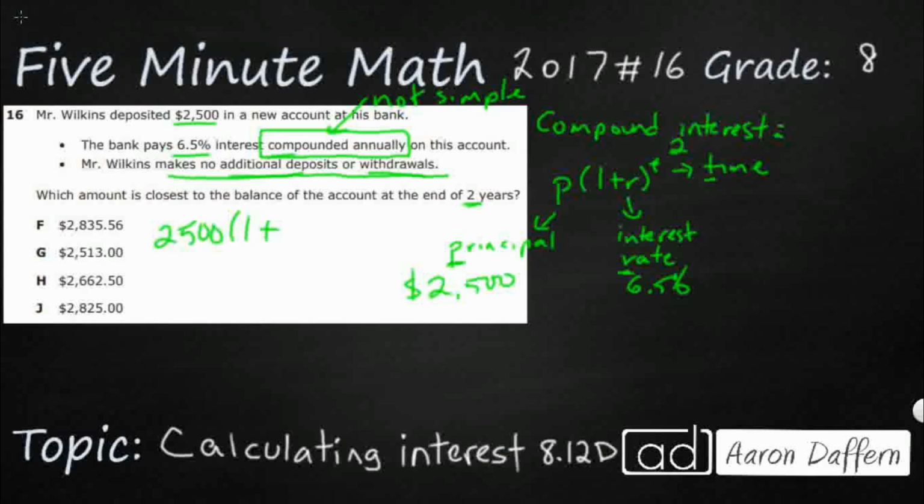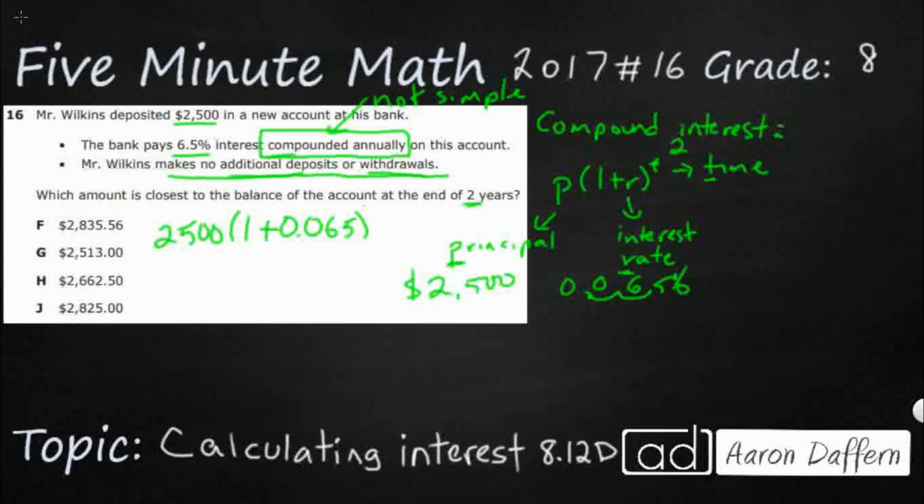1 plus, now if I'm going to multiply it, I don't really want that in a percent form. I want that in a decimal form. So I'm going to need to take that decimal point once, twice over here. So 0.065. And what this does is this 1 plus the interest rate calculates not just the interest, but it grabs the principal as well, because that 1 is the whole of the interest.